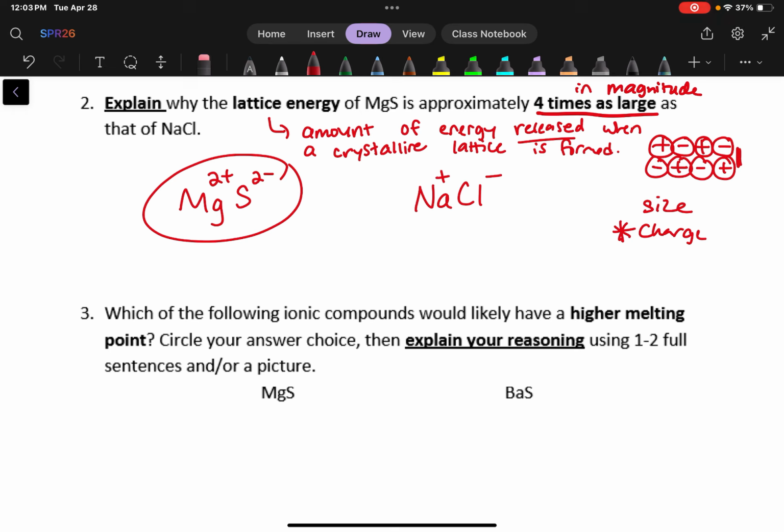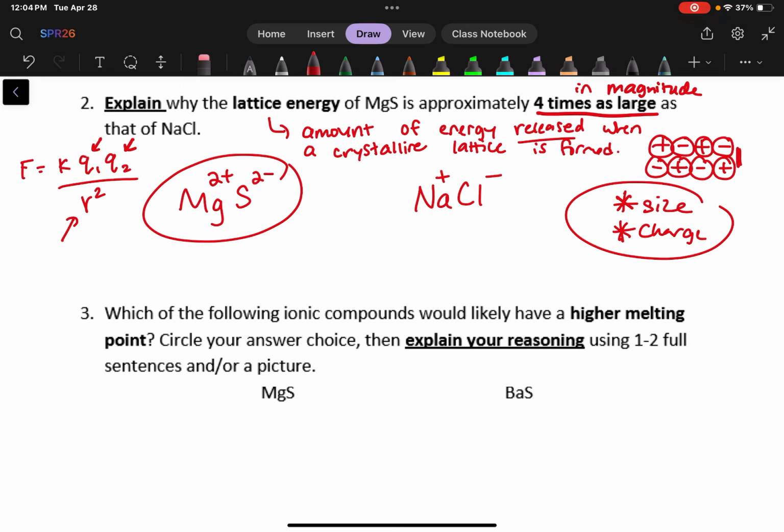If you remember back to chapter 8, we looked at Coulomb's law, and it looked something like this. So this is actually why size and charge are the most important factors here. Size being the distance between the nuclei of the different atoms, given by R, and then charge given by these Q values.